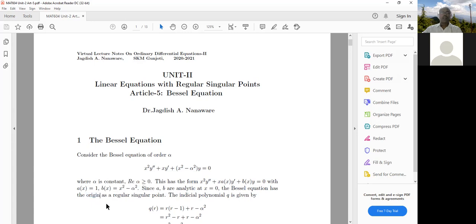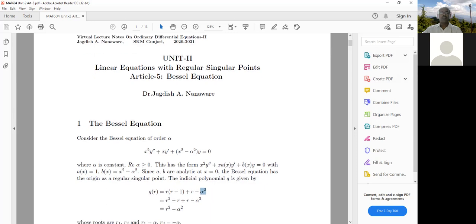And therefore, here we write the initial polynomial for the Bessel equation as r into r minus 1 plus r into 1 minus alpha square.